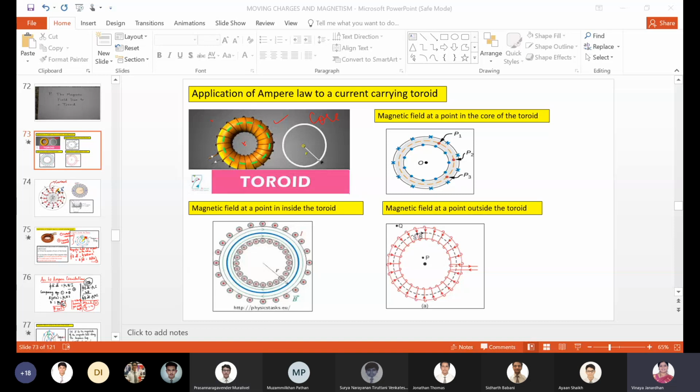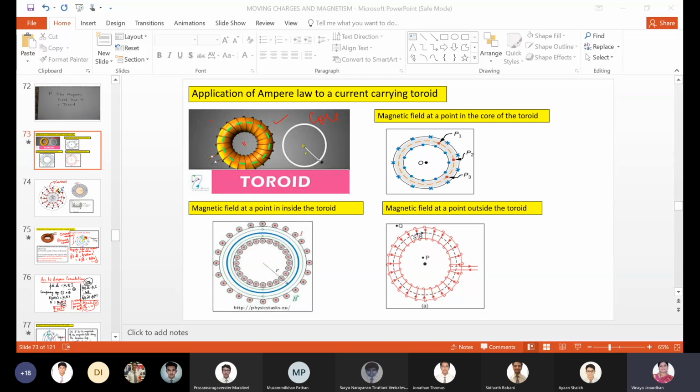I'm going to find the strength of the magnetic field at a point Q, which is lying outside the toroid. So now, inside this Amperian loop, at two different points, one is specified as a dot. Here, the dot and cross represent the direction of your current.